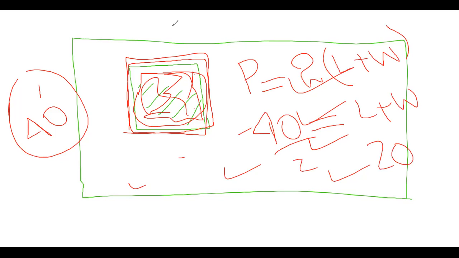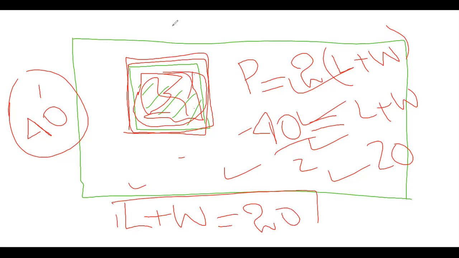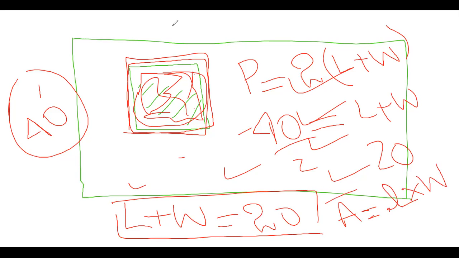We have the sum, L plus W, as 20. Am I right? Are you getting this one? So the area is the product, length into width. Once again, you are getting this. So we will have to calculate this area.